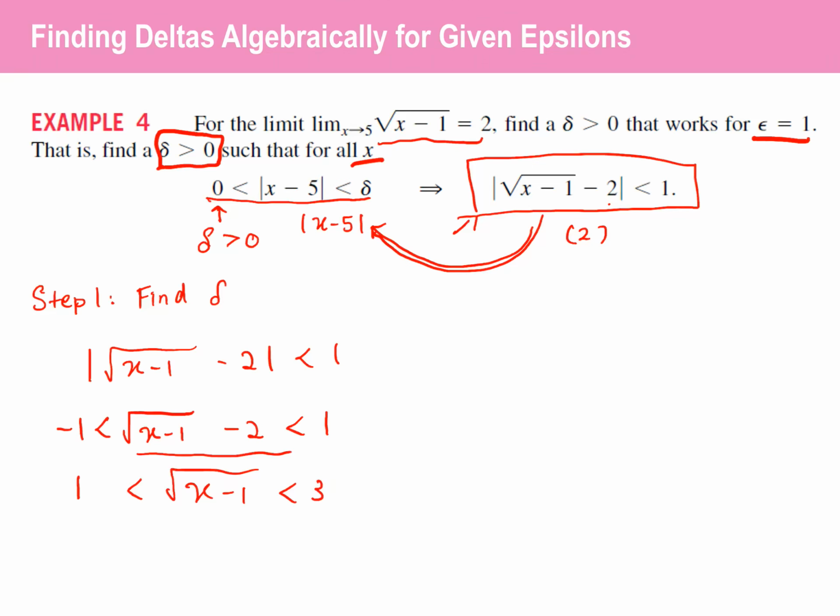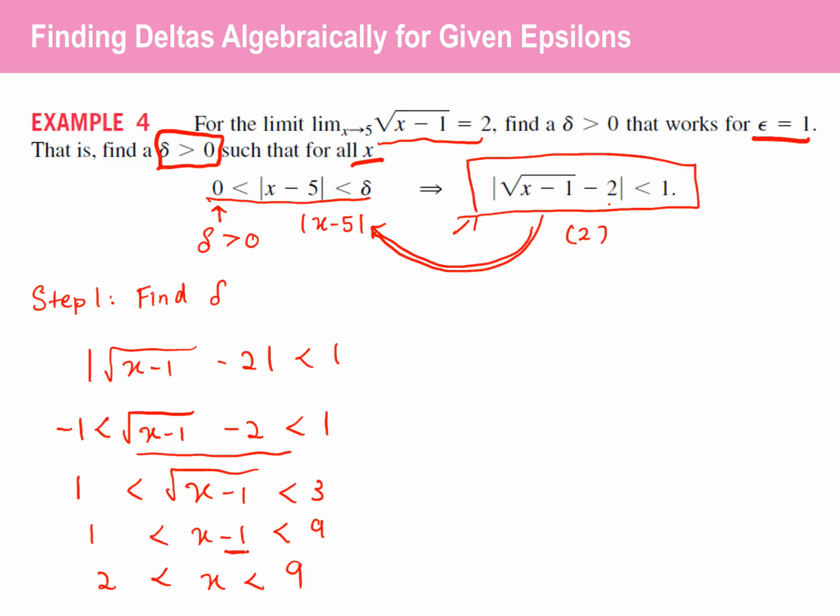Next we want to move the square root away, so we square both sides. We have 1 squared equal to 1, then x minus 1, and 3 squared equal to 9. Next we add 1 on both sides. We have 2 less than x less than 10.